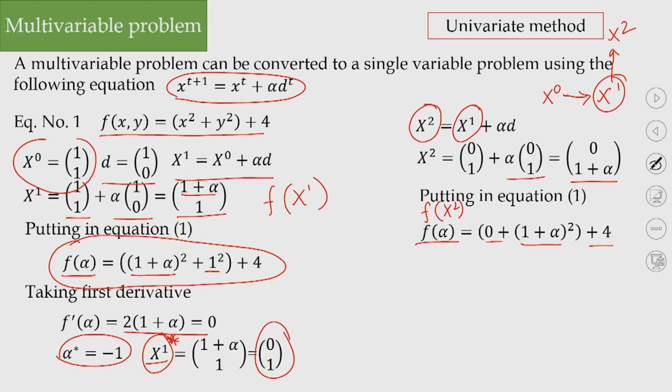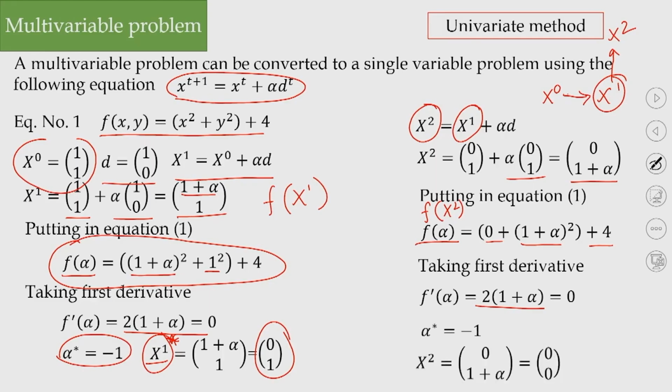Then to find the optimal value of alpha, I am again taking the first derivative, this is the necessary condition, and if I solve it, I am getting alpha star equal to minus 1. If I put the value of alpha star in x2, I am getting 0, 0, and this is the optimal solution of this particular problem.